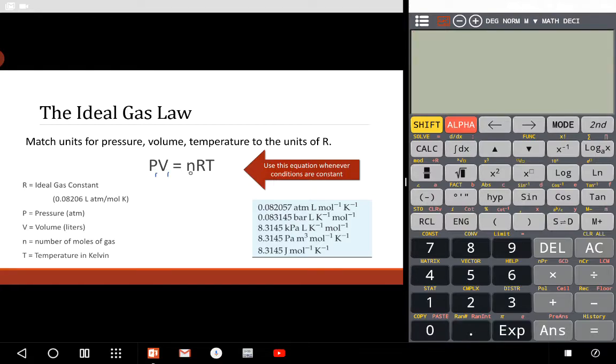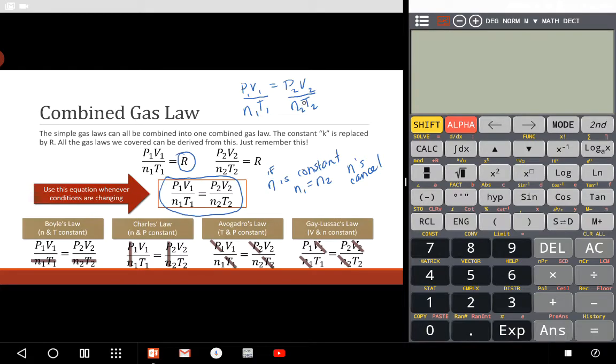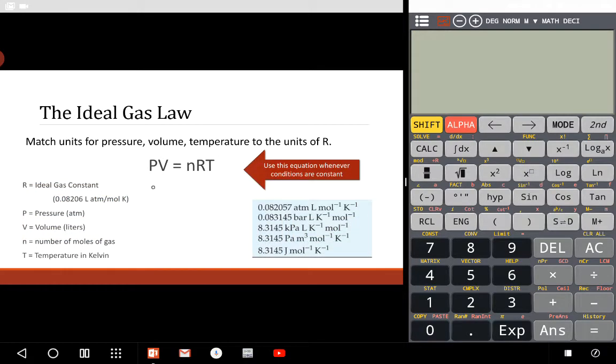And so you can see here that if we had our PV equal to nRT, we can rearrange the n and the T onto the side of the equation and have that equal to R like it was on the previous slide. This is known as the ideal gas law, and this is the equation that we'll be using whenever conditions are not changing. So if we're given only one pressure, one temperature, one volume, we could solve for moles of gas.